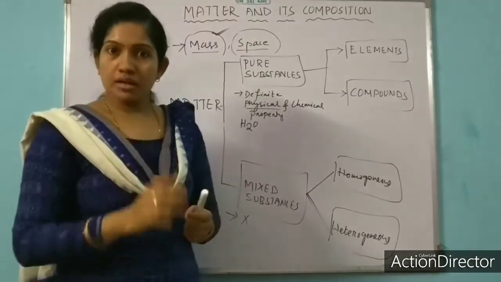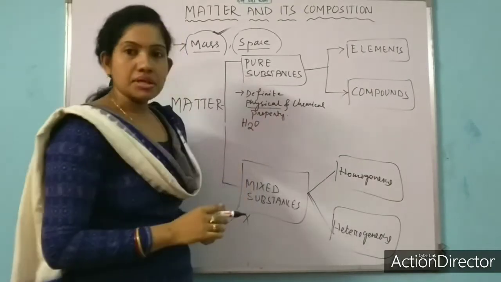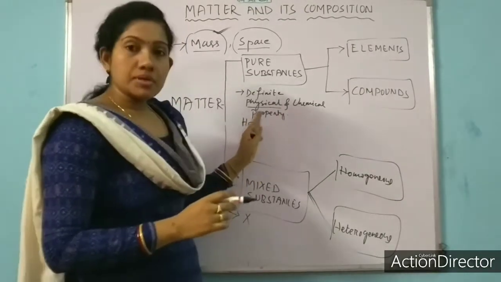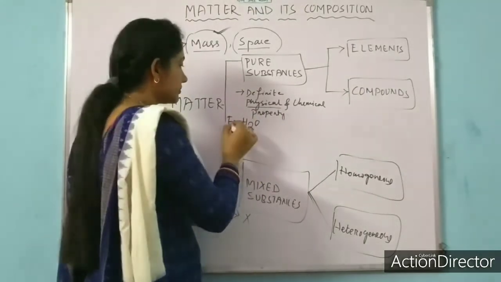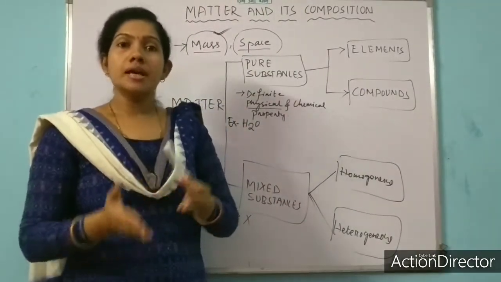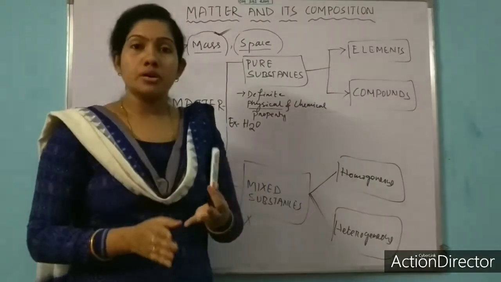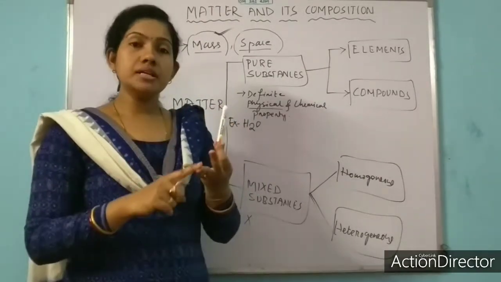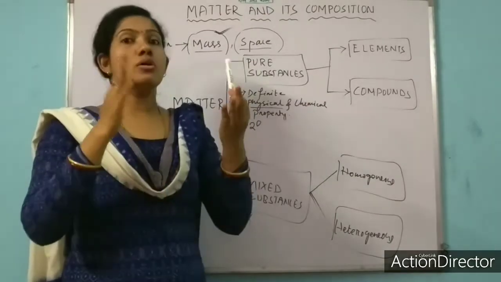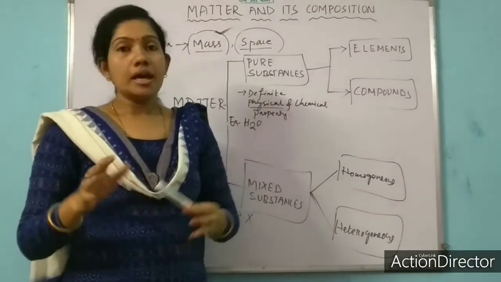This is one property. Here I am talking about physical and chemical properties, and I am giving the example of water. From wherever you take water, its behavior will not change. Its boiling point and melting point will be the same in all conditions.